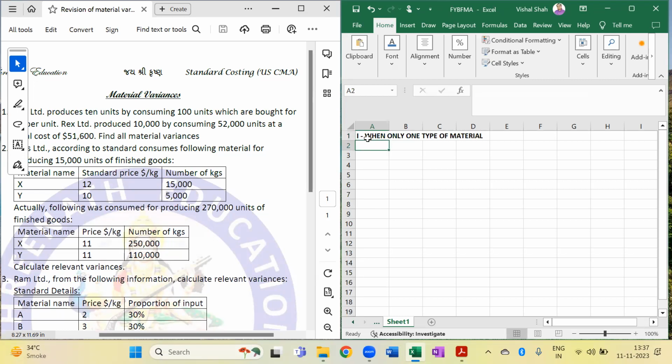When there is only one type of material, remember, you need to calculate only three variances. First is material price variance. Second is material quantity variance. And third is total variance.